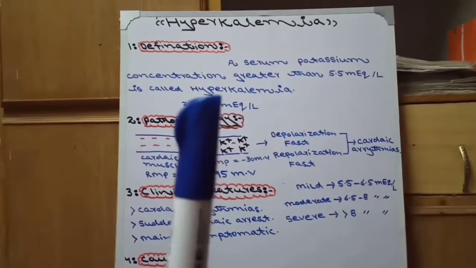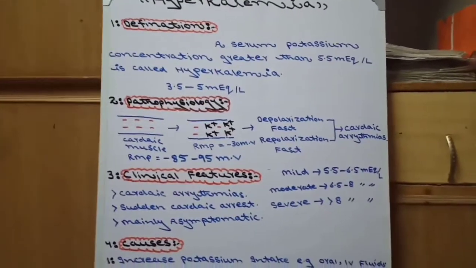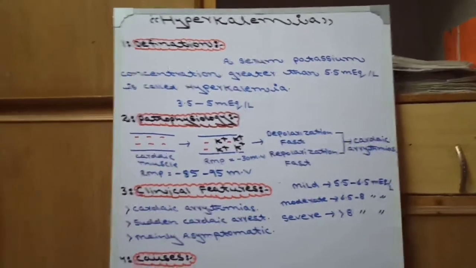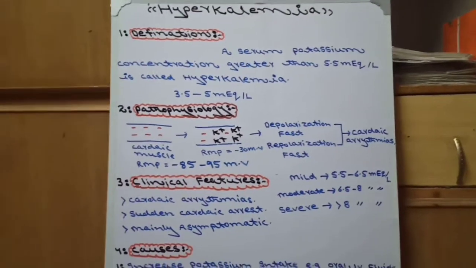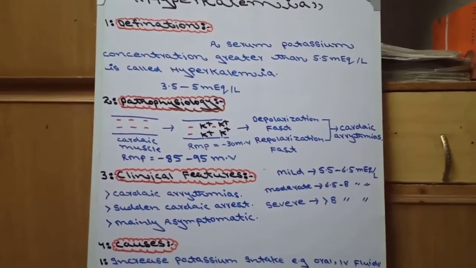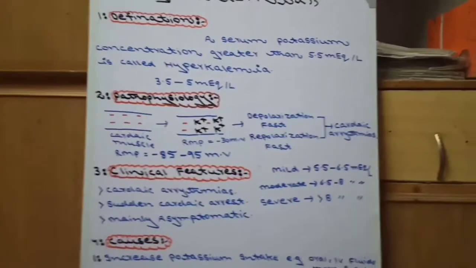Now, after definition and grades, come to the pathophysiology. Mainly the clinical feature of hyperkalemia is cardiac arrhythmias. In pathophysiology, we will understand how cardiac arrhythmias develop.